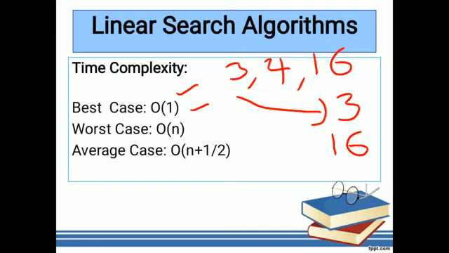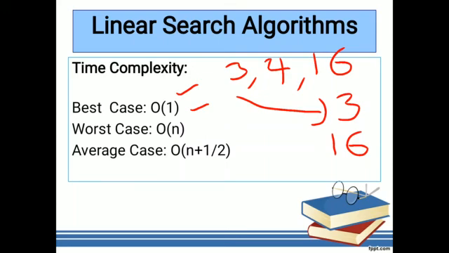That is the worst case, because the element is found in the list but it is located at the last position. So we need to take n steps, because we have n elements in the list. To find that element we need to traverse from the first to the nth element. So that's why the worst case time complexity is order of n.